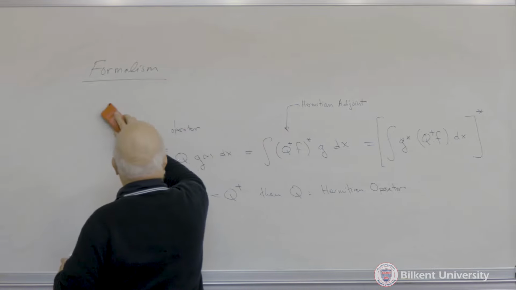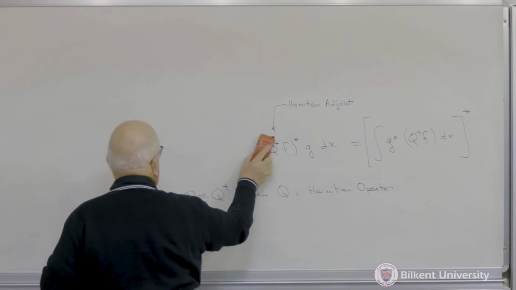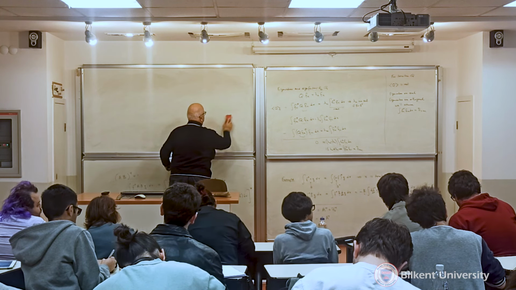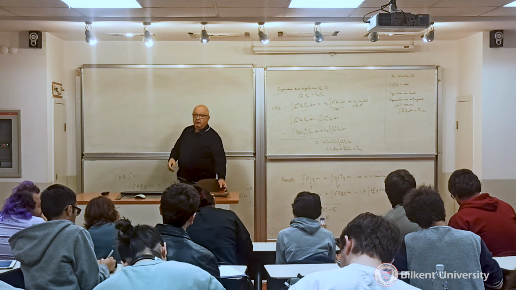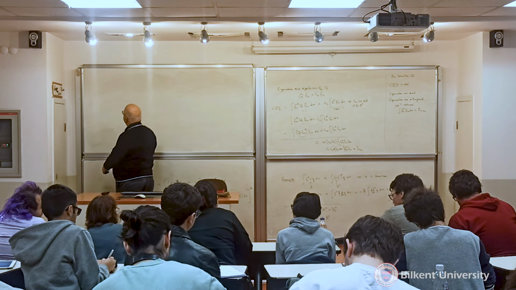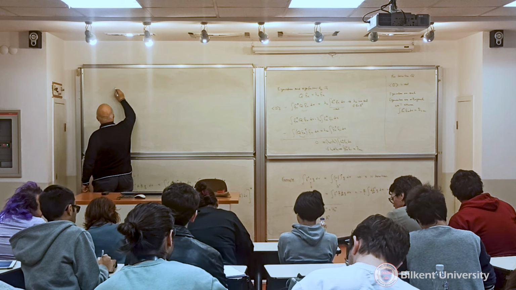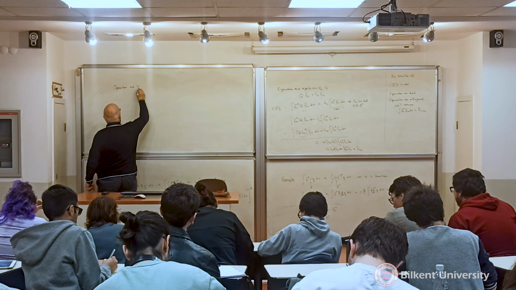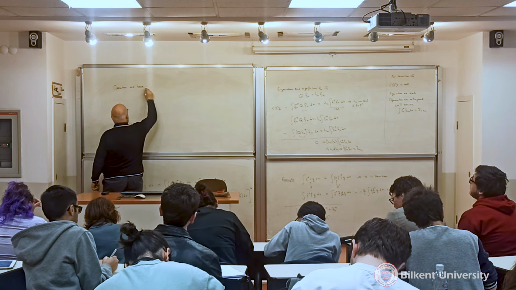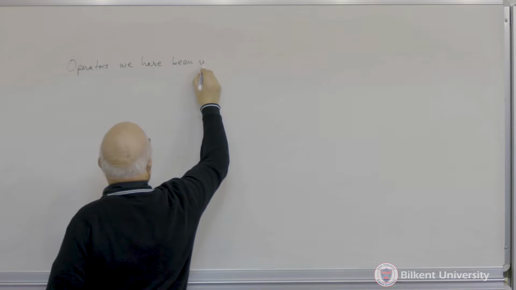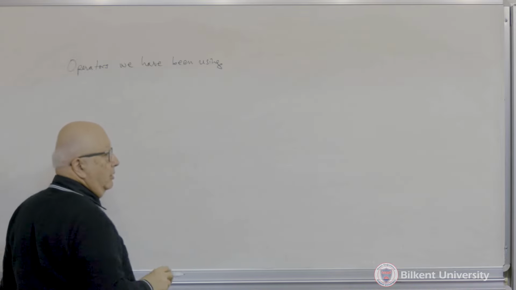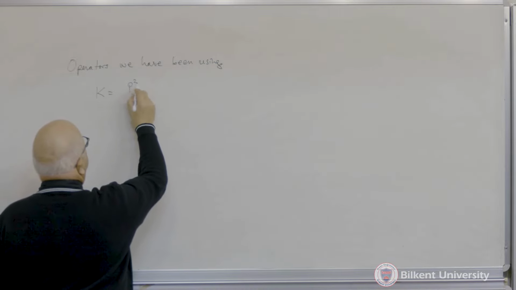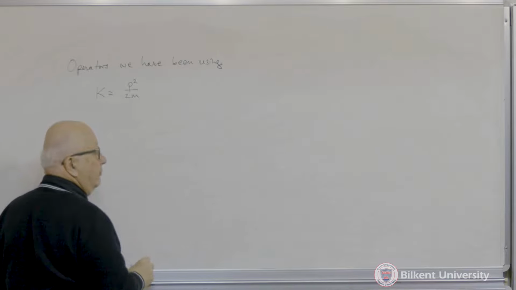And what operators have we been using? Well, the Schrödinger equation is made up of p squared over 2m. So the operators we have been using are what? We have the kinetic energy operator, which is p squared over 2m.